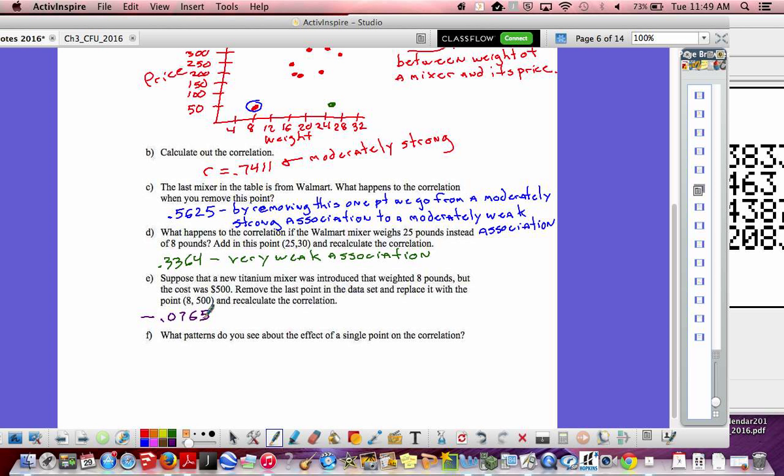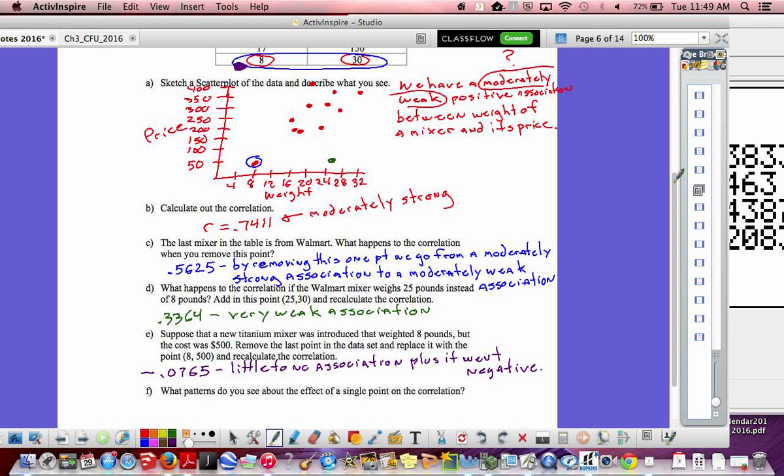So now there is little to no association, plus it went negative. Just that one point. One little point has that much power when it comes to correlation. So here it made it pretty strong. Here it made it fairly weak. Here it made it negative.